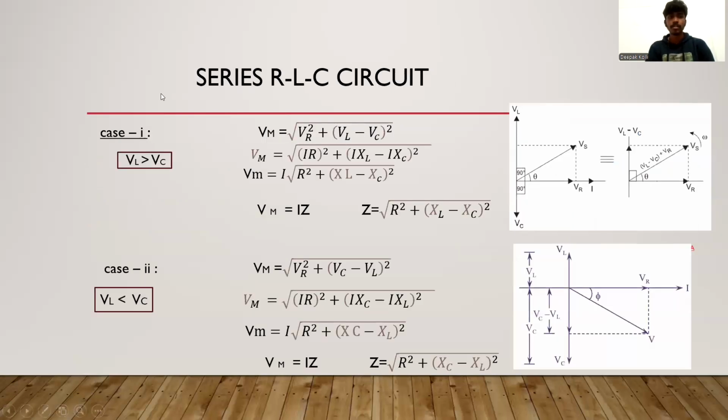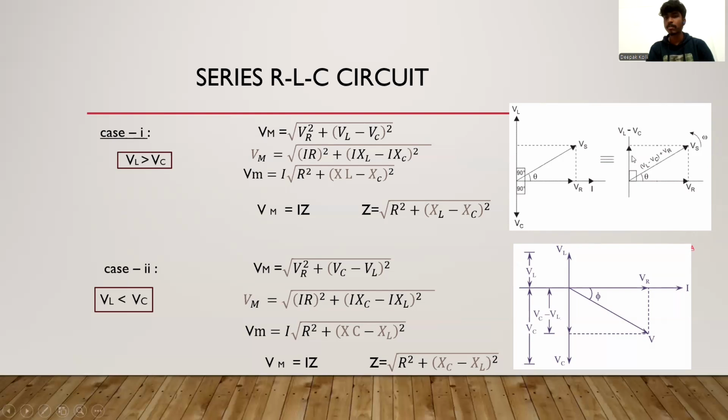Further, in the series RLC circuit, we will consider three cases. The first case is inductive voltage greater than capacitive voltage. In this case, we can see in the diagram that the capacitive voltage and inductive voltage start from the same point.